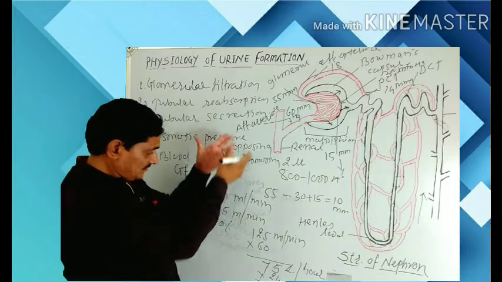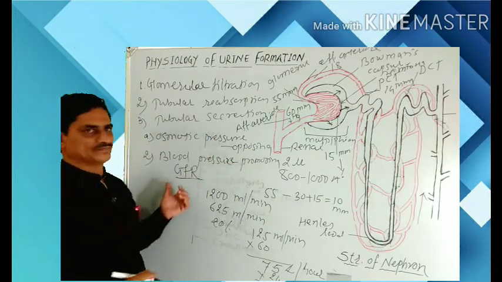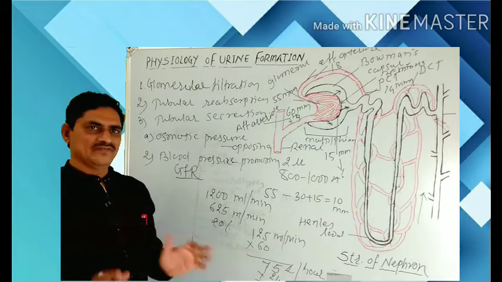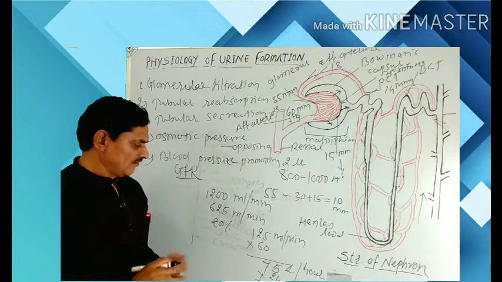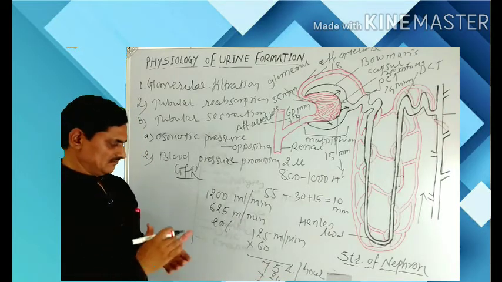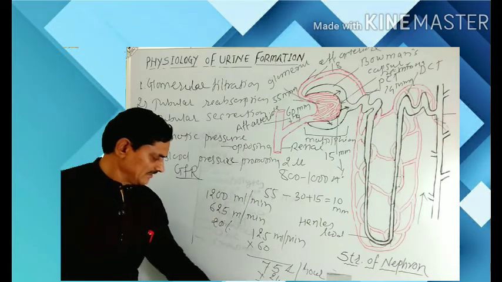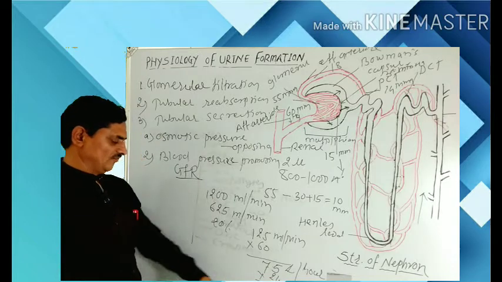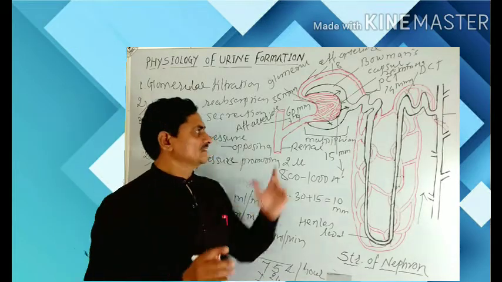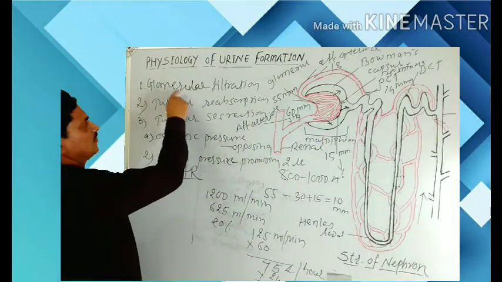So, this is the glomerular filtration rate. In 1 minute, 125 ml of filtrate occurs. In 1 hour, 7.5 liters of filtrate filters, and in a day 180 liters of the filtrate occurs in both kidneys. So, this is the glomerular filtration.